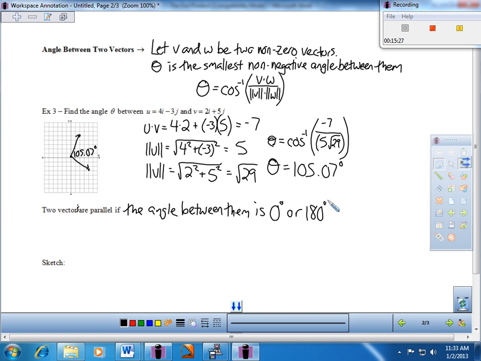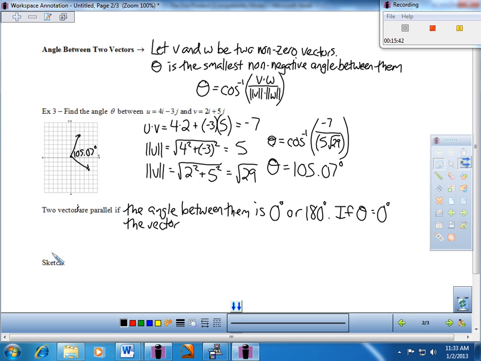This is going to be interesting. I'm going to have to show you that visually in just a second. And here's what I have on my paper. If the angle between them is 0 degrees, then the vectors point in the same direction. So just write it down, and then I'll try to convince you with this visually. On your paper, it says something about a sketch, so I'll do that momentarily.